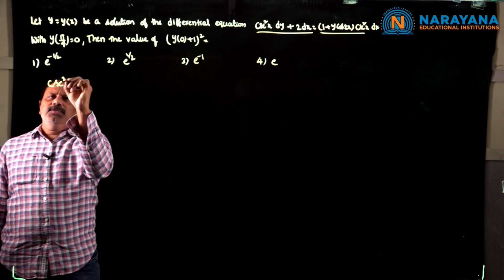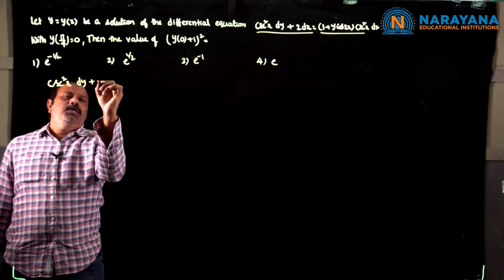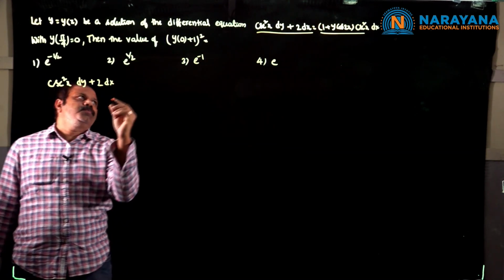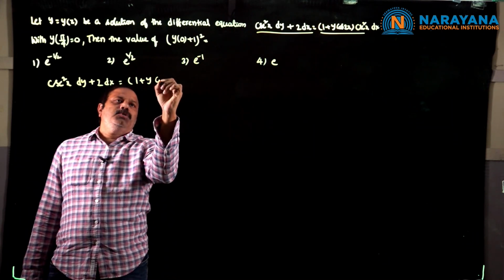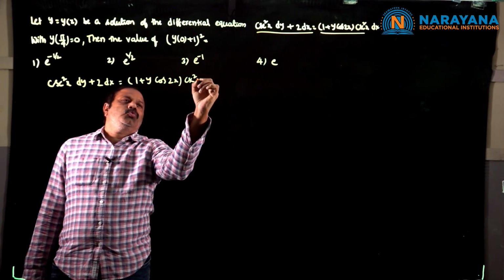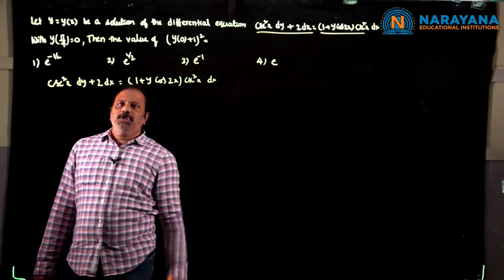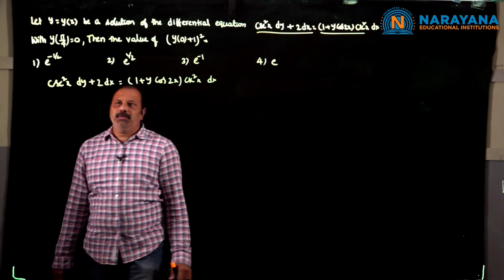Cosecant squared x dy plus 2dx is equal to (1 plus y times cos 2x) into cosecant squared x dx. In the first part of my solution, I would like to separate dy terms and dx terms only.